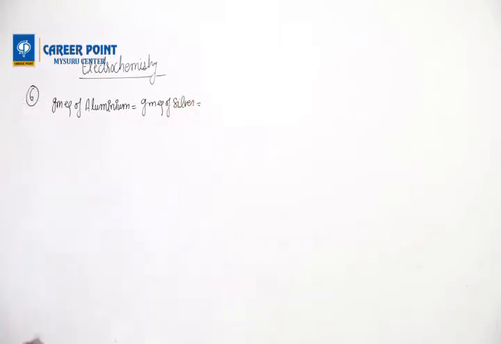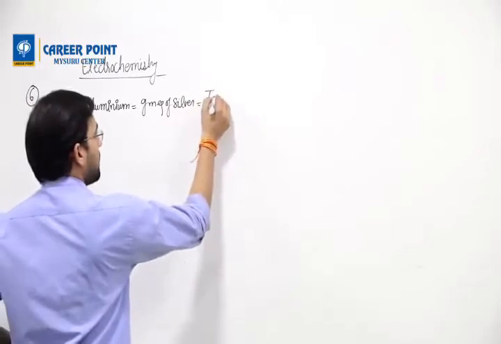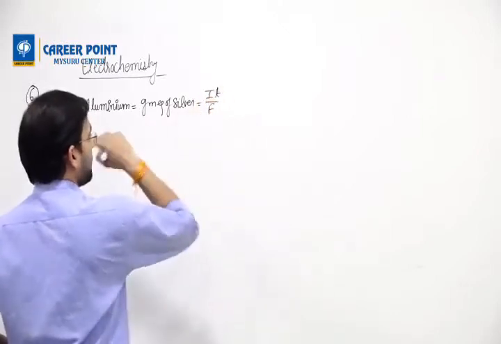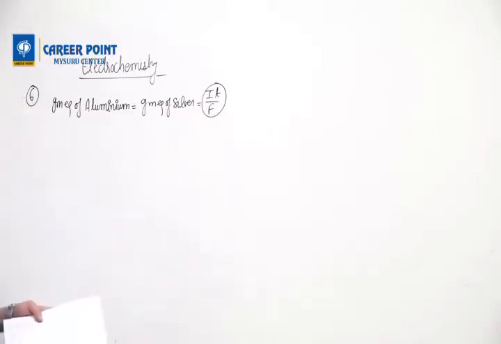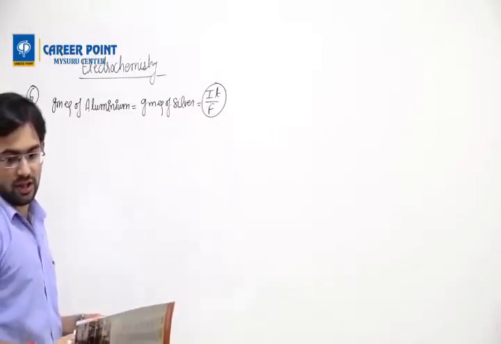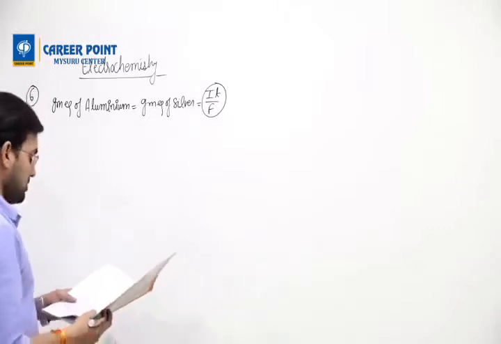Understood? Is equal to IT by F. This IT by F is same for both of them because they are saying X coulomb of electricity.